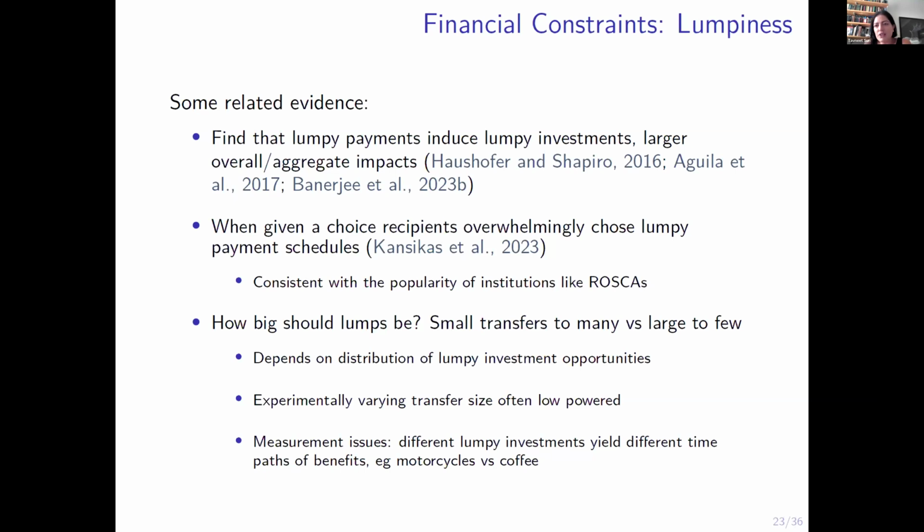Experimentally varying the transfer size is often low powered. It's really hard to pick up the difference between a $500 and $1,000 transfer in any real way, given the size of most experiments.